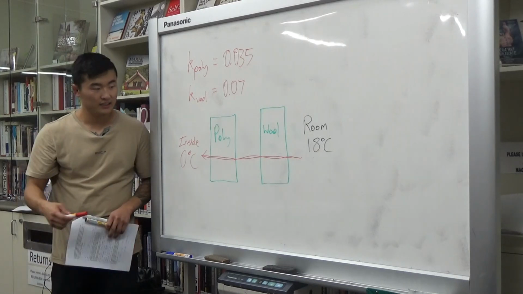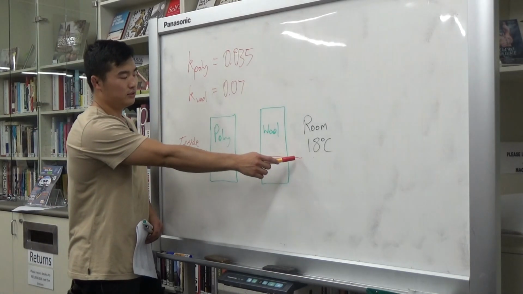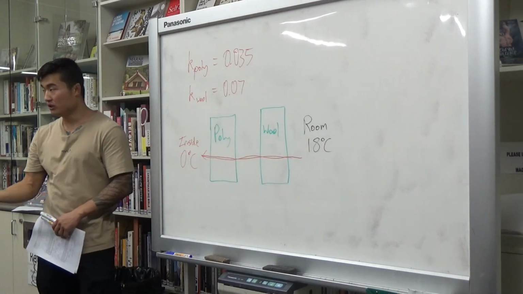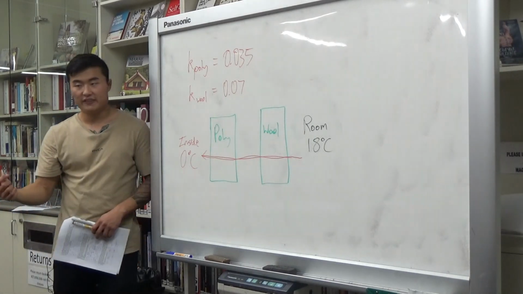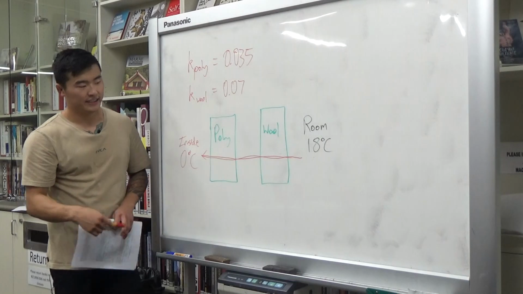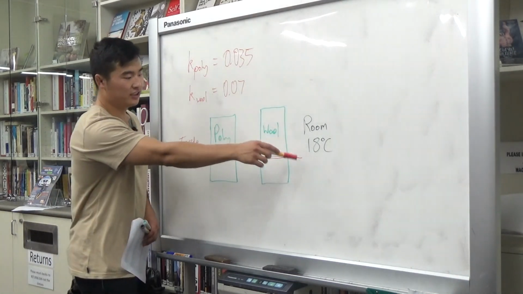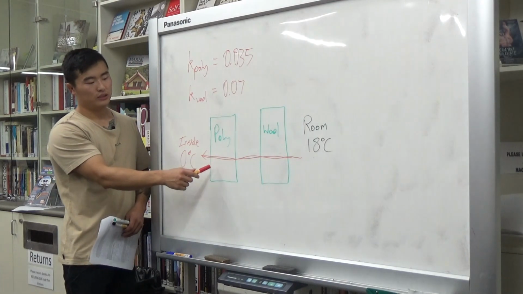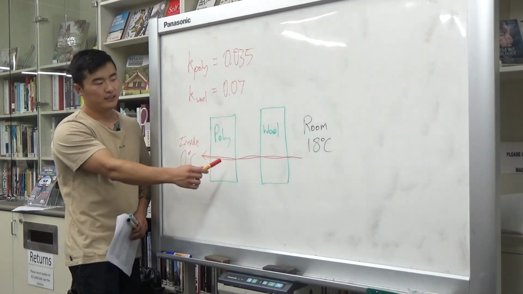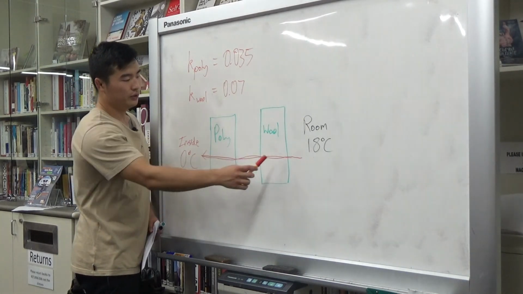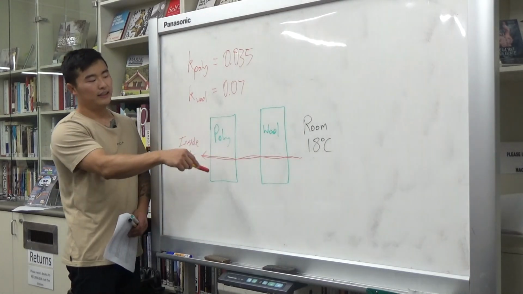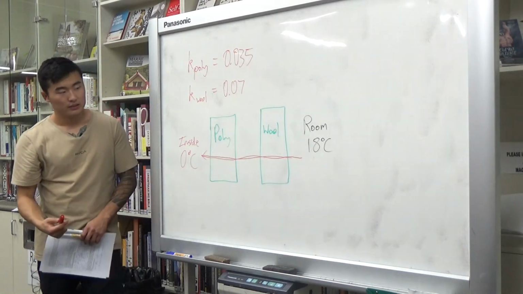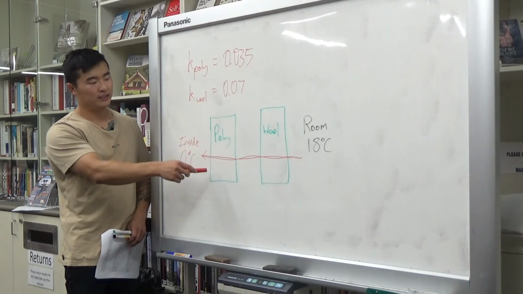But the thing is that the rate of heat transfer through both of these layers has to be equal, because it's like a traffic jam. If you imagine that this was a bridge and you had cars on this side, and this bridge had a traffic jam on it, eventually the cars could only go through at the rate that they could go through this bridge, right?